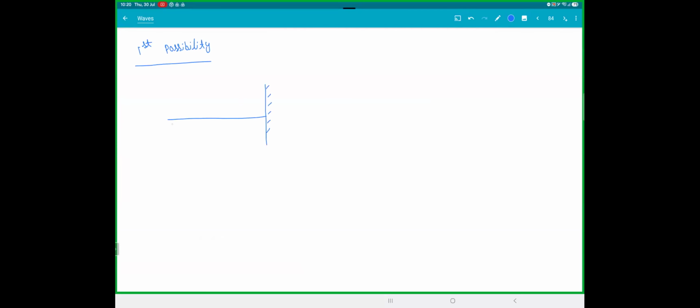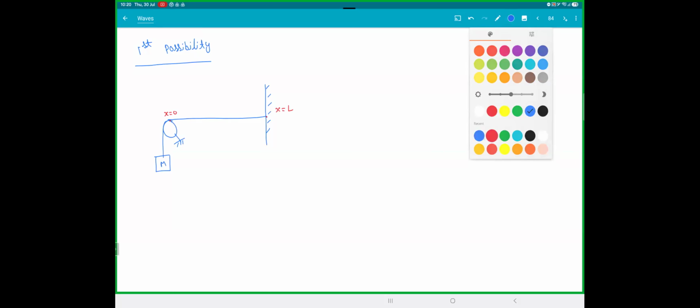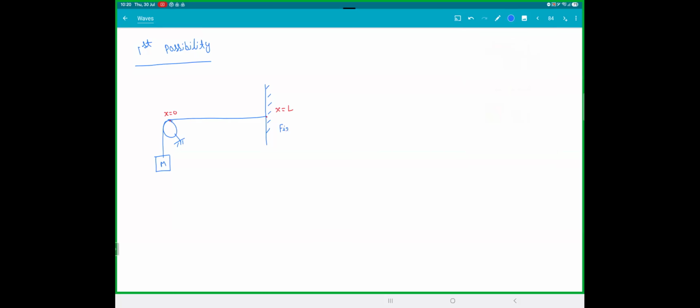Do whatever you want, but make sure x is equal to 0 and x is equal to L must be a node. Why must they be a node? Because you're tying it to a wall. You cannot break away from the wall and move. This point also has to be a node, or else the block will oscillate up and down. So this is the only condition you need to satisfy. x is equal to 0 and x is equal to L must be nodes because they're fixed.